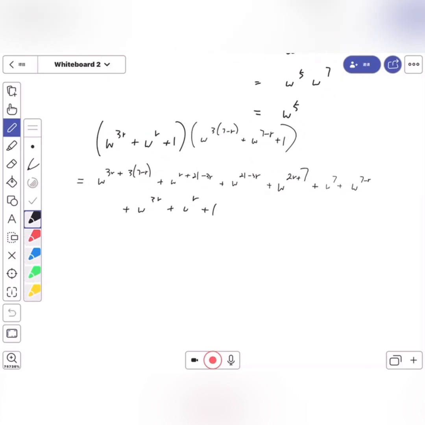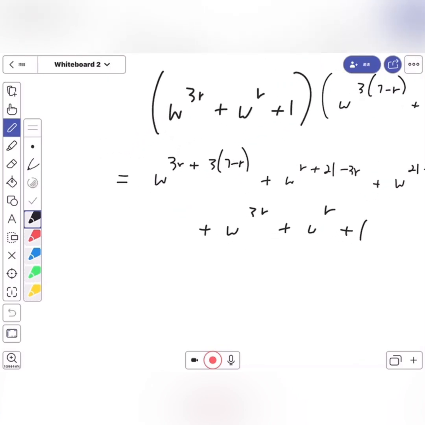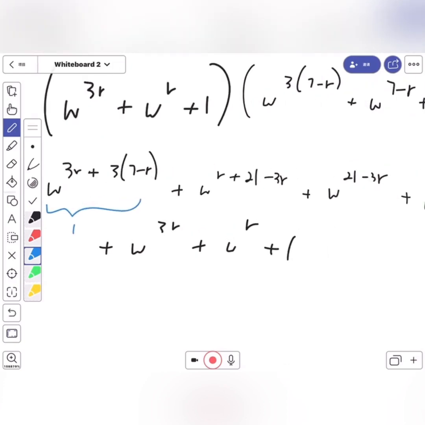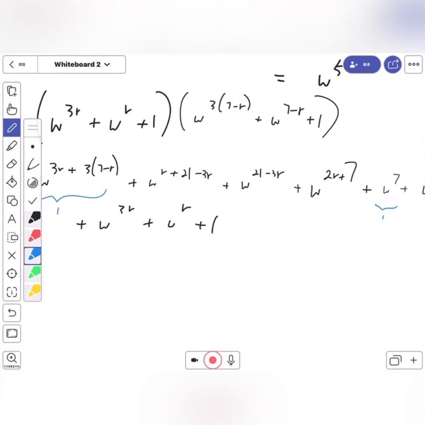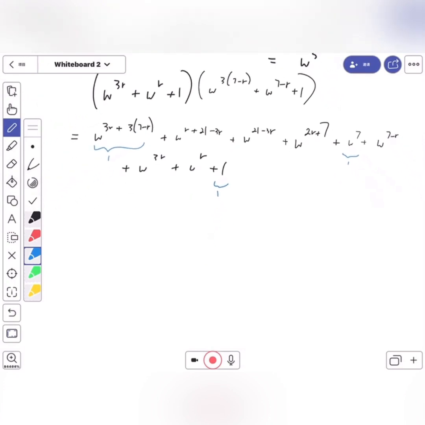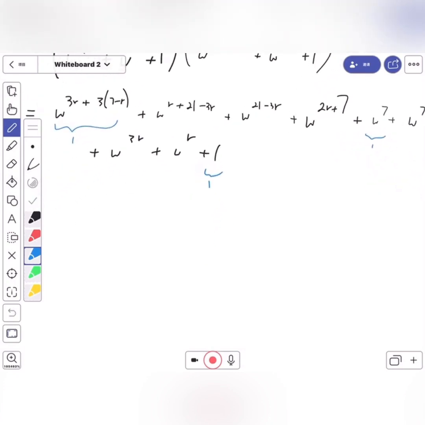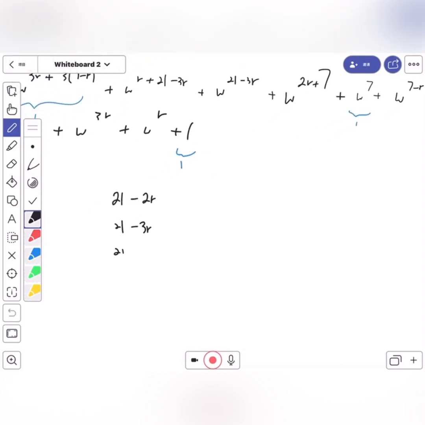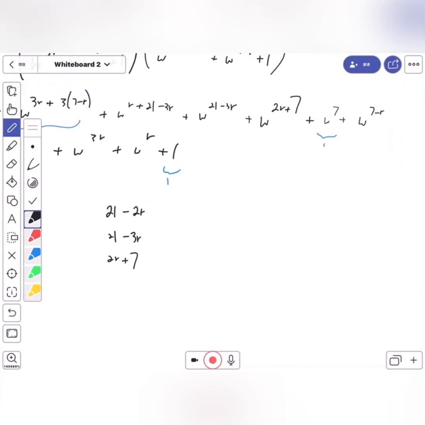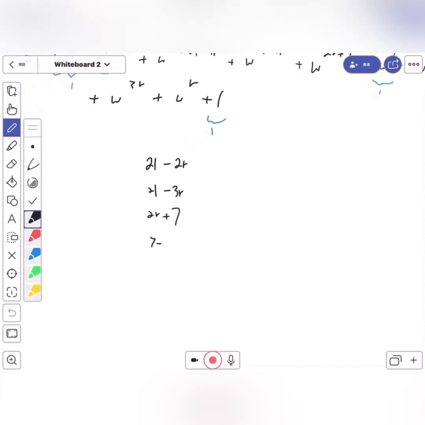So we get this at the end, and this one we know is 1, this one we know is 1, and this one we know is obviously 1, so we have 6 left, which are precisely 21 minus 2r, 21 minus 3r, 2r plus 7, 7 minus r, 3r, and r.